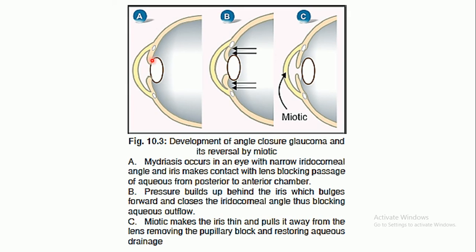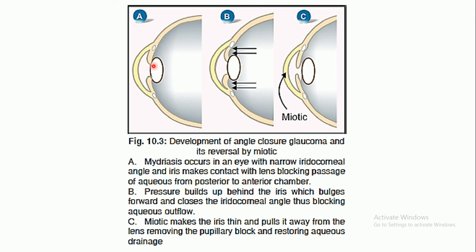When the iris makes contact with the lens, it results in blockage of the passage of the aqueous humor, as we have seen in the earlier pictures how the drainage of the aqueous humor takes place.